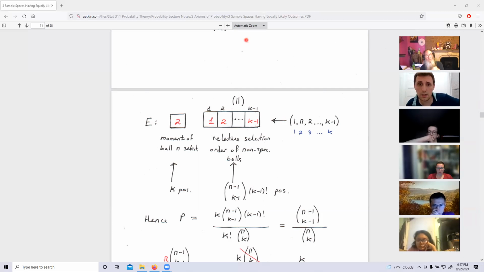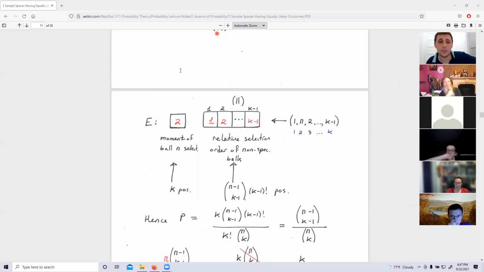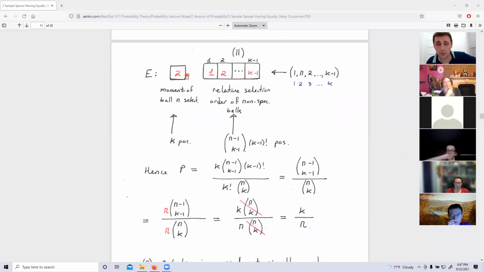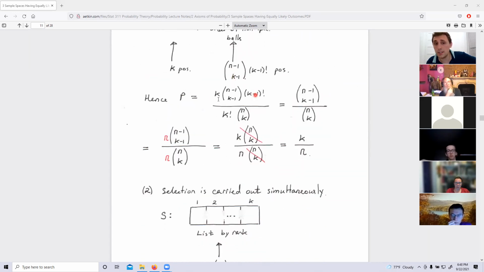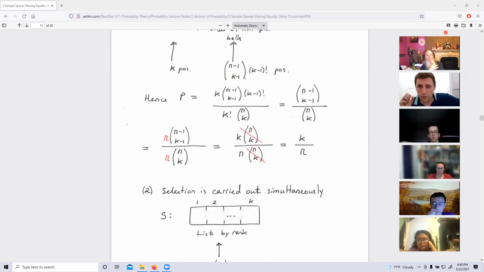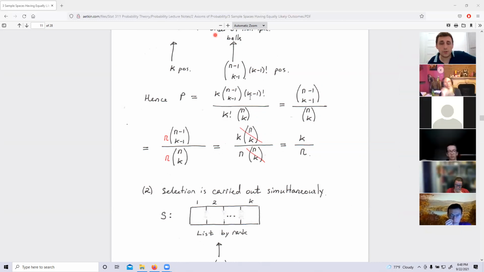You agree? So then I can count how many ways to fill in this document. There are k possibilities. And here there are n-1 choose k-1 times k-1 factorial possibilities. And so my probability is this number. It's the ratio of the number of ways to fill in formula E over the number of ways to fill in formula S. Good. So look what happens, guys.